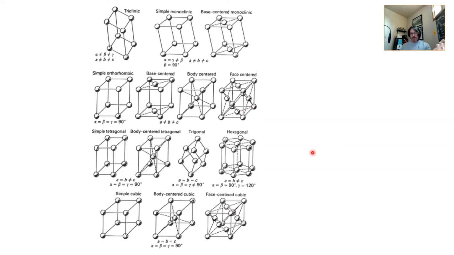These equilibrium points will differ for various materials. Okay, so the fact that each material will have its own equilibrium point, which will give us a specific lattice parameter slash crystal structure, means that we can actually use X-ray diffraction to identify what the materials actually are.